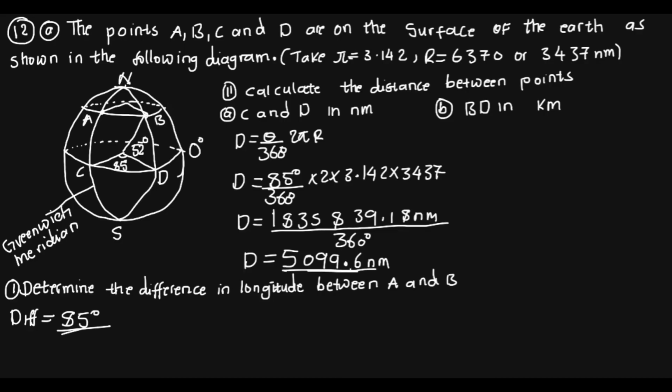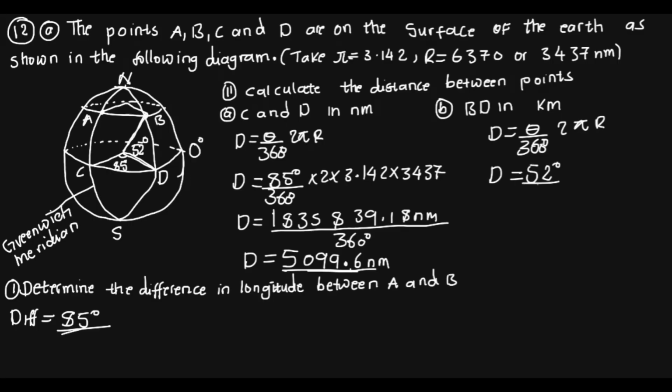Let's go to BD. So BD distance is equal to theta over 360 times 2 pi r. For the distance along the longitude, you don't add cos. So distance is equal to theta between BD, which is this angle 52 degrees.